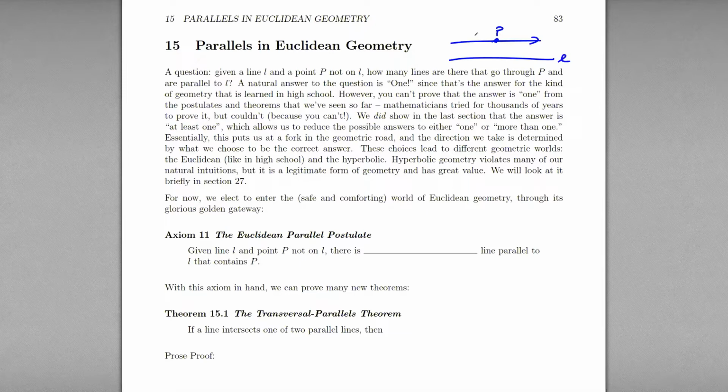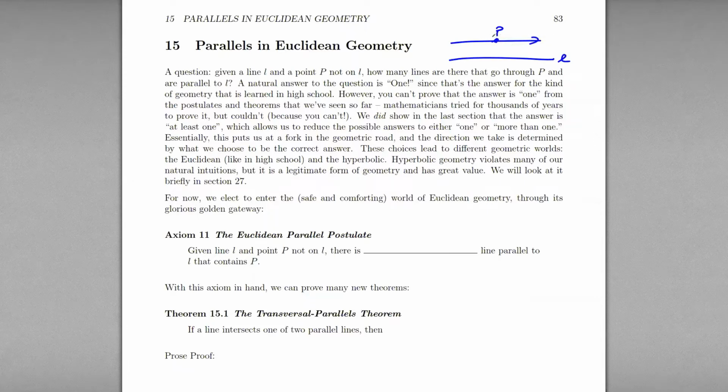It's impossible. We said that there exists at least one. We didn't say exactly one. So we want it to be exactly one, and that's what we can't prove.